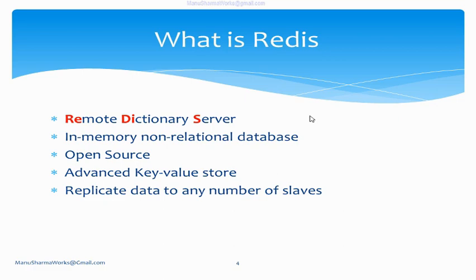So even after restarting the server, we will get the information that we saved in the database earlier. And since it replicates to a number of slaves, if any slave goes offline, our data is still safe.